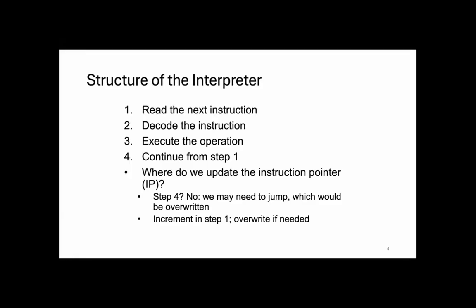One way of making sure we update it correctly is to increment it in step number 1, and then override it in step number 3 when we execute the operation, if we have a jumping operation. Step number 4 is not going to work, because the incremented value could be overwritten by a jumping operation that we just performed, which sends us to another location.